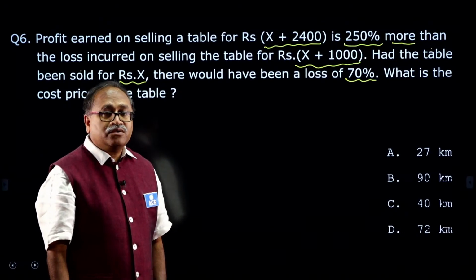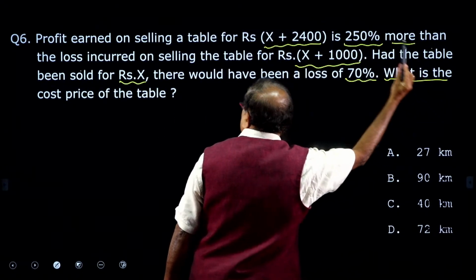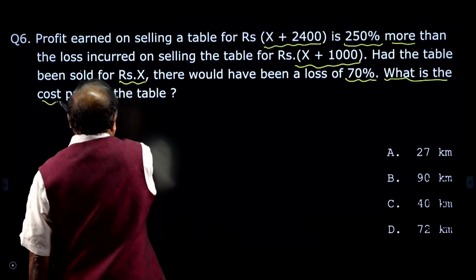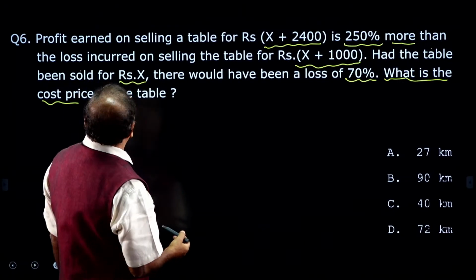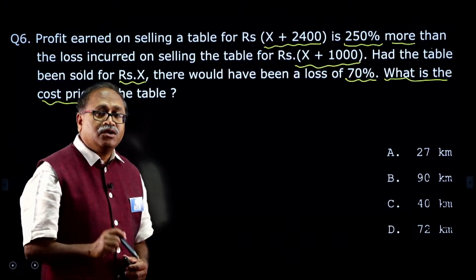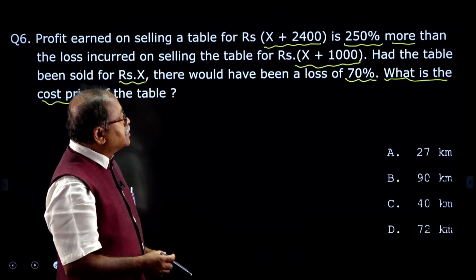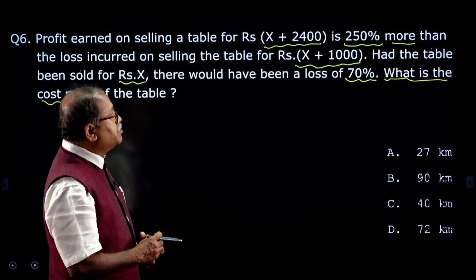It is a good question, not very directly answered. What is the cost price of the table? How do we start it? Think of it. I will just wait for 10 seconds. Think of this. How do we begin here?